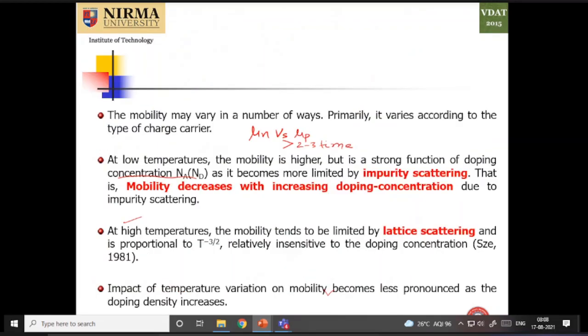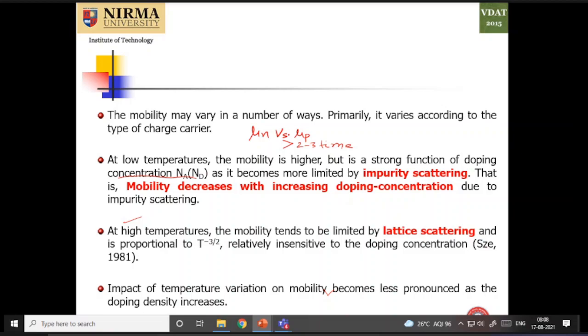So here we are going to discuss what happens to mobility with change in doping concentration as well as temperature. The mobility may vary in a number of ways. Primarily, it varies according to the type of charge carrier, mu n versus mu p. If you consider, then mu n is 2 to 3 times larger than mu p.